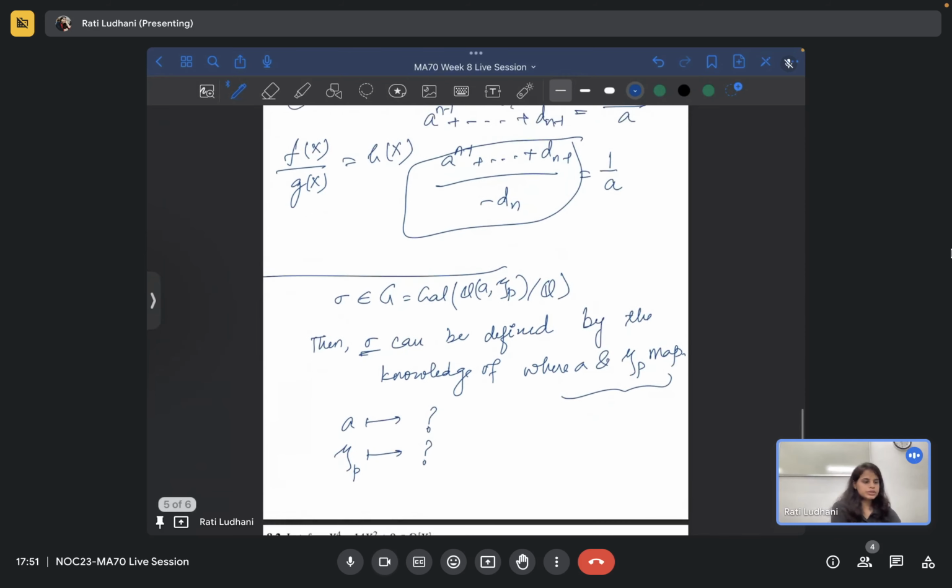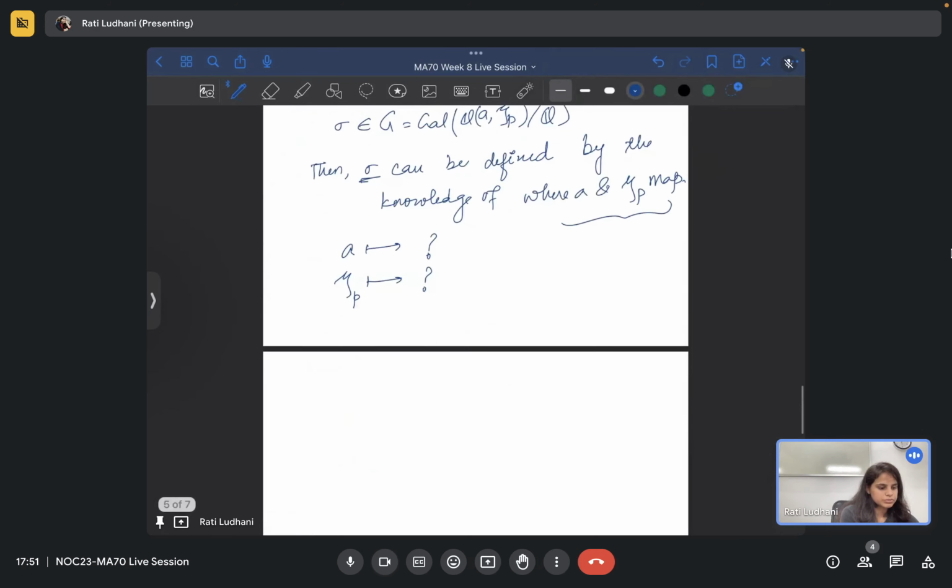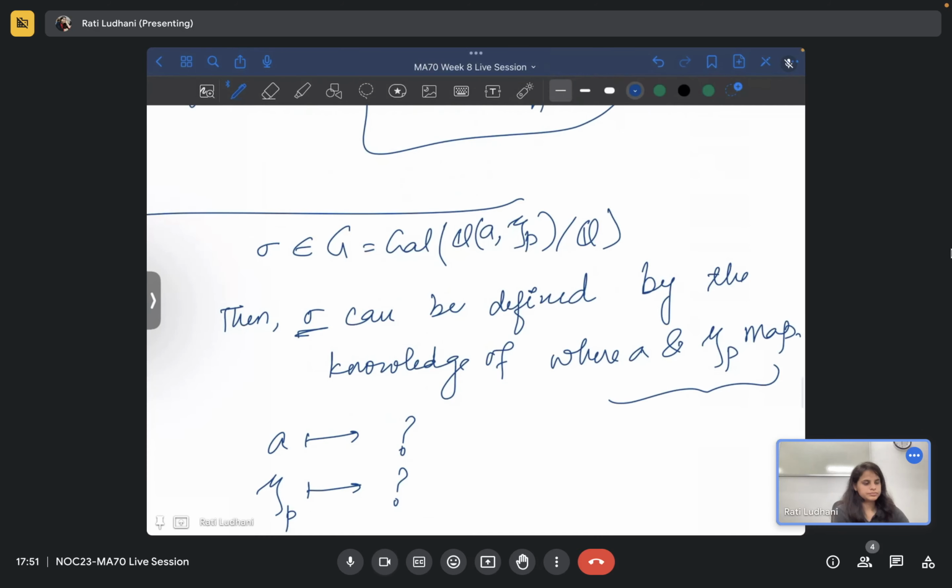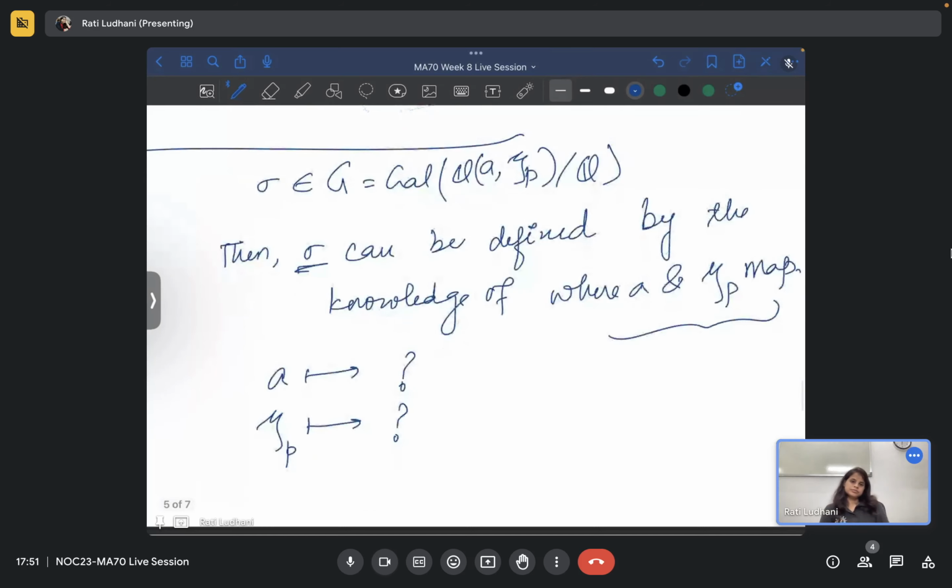Do we know something for that? Again, for Q-algebra isomorphisms. Can we restrict where a will map? It cannot map to just any element. Firstly, it cannot map to Q. Why am I saying that?